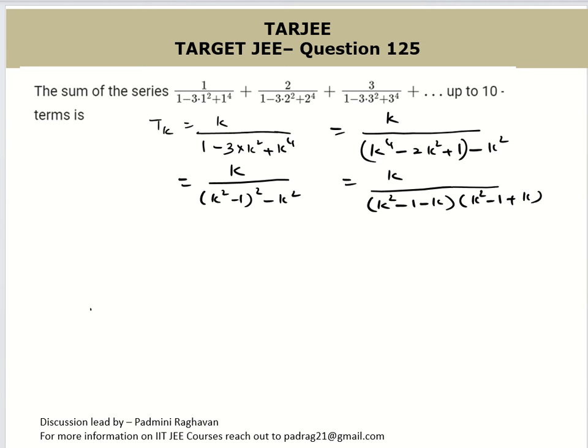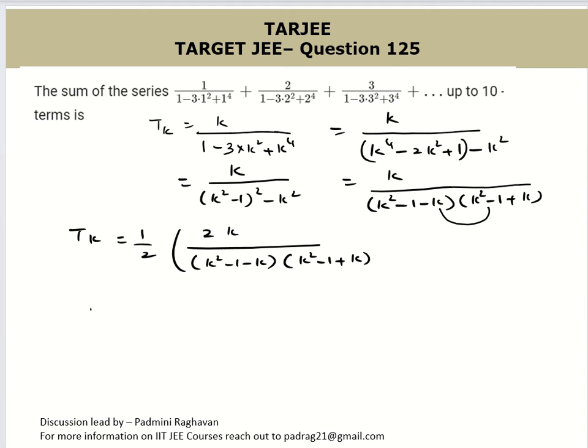Now we have managed to express it as a product of two terms which are quadratic in nature, which have k square minus 1 in common. Not only that, you can see that the difference between the larger term and the smaller term is 2k, and we have a k on top. So what we are going to do here is multiply and divide by 2 and write the numerator as 2k divided by (k square minus 1 minus k) into (k square minus 1 plus k).